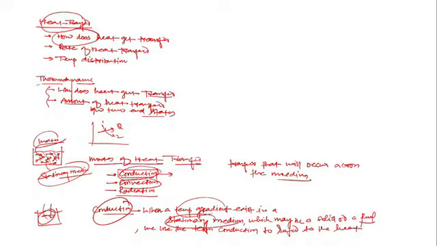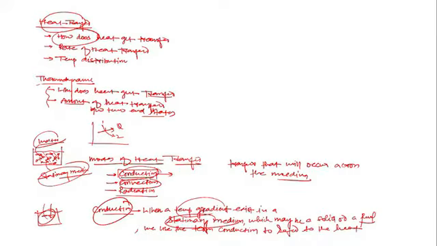Now, how can we define convection? The term convection refers to the heat transfer that occurs between a surface and a moving fluid. My dear student, convection heat transfer occurs between a surface and a moving fluid when they are at different temperatures. That is how we can define convection in one line.